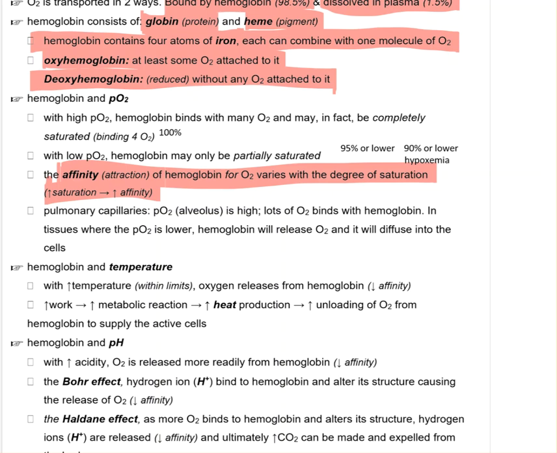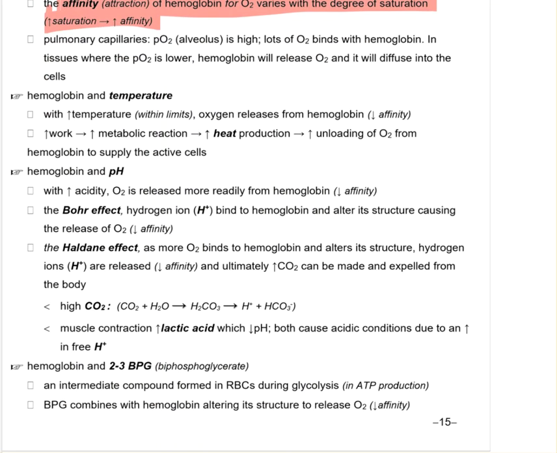So that's good. The other thing is there's a couple other things that will increase or decrease affinity. So let's look at temperature and let's look at pH. Okay, so let's go to those next.